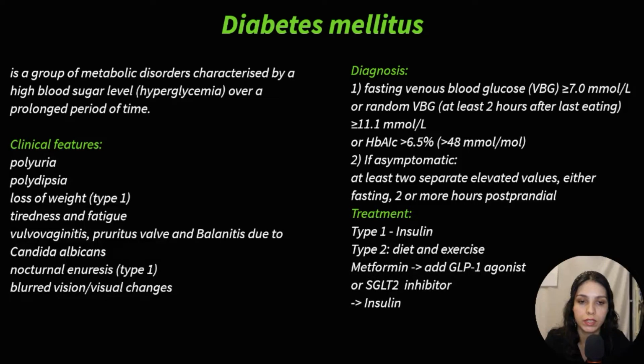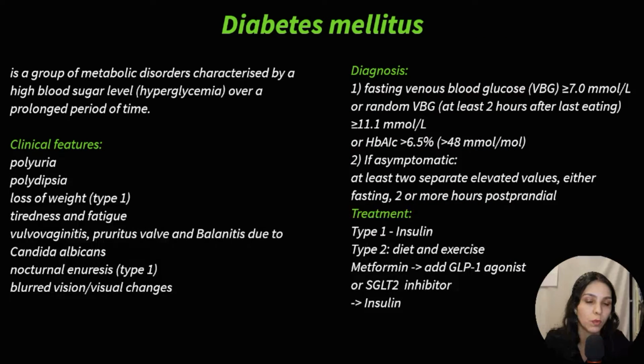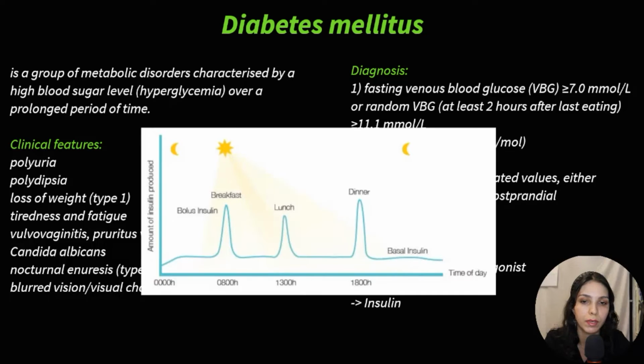When you treat patients with type 1 diabetes, you can find that there are a lot of kinds of insulin. Some of them are short and some long-acting. And why do we have so many kinds of insulin? It's because there's a basal insulin level and a prandial insulin level.